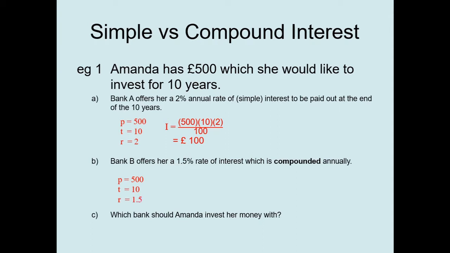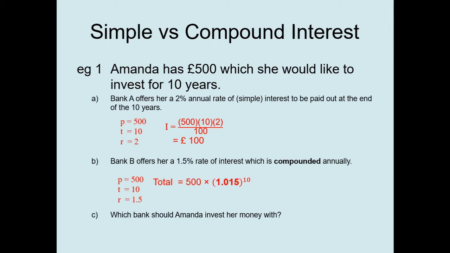Now the compound interest formula, remember, works out the total amount she will have at the end of the maturity of her investment. So the total amount will be equal to the principal amount, which has been increased repeatedly by 1.5%. That is, we're going to be finding 101.5% of the principal amount and repeatedly increasing by that amount.